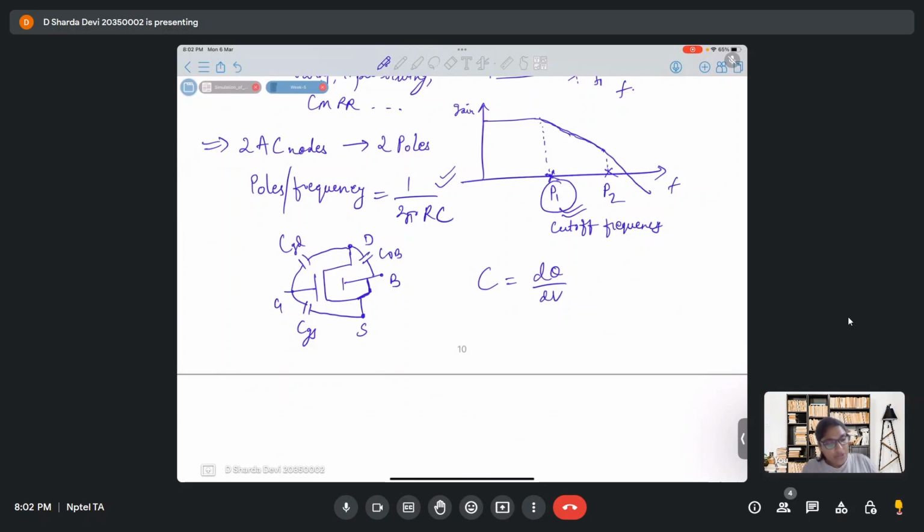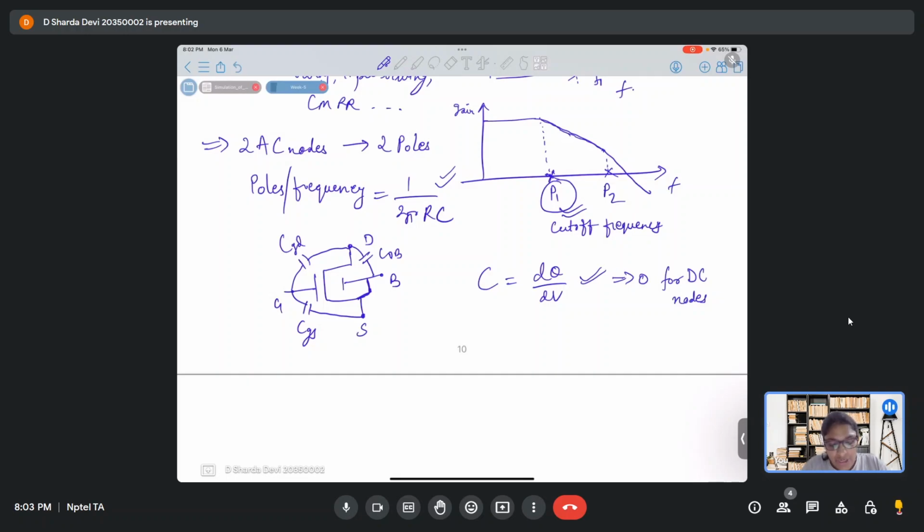Yeah. And secondly, let's say if 2 nodes are at DC, right? If D and G both are DC nodes and both are not changing, so again your dq by dV will be 0 for DC nodes. So then also that capacitor will not change.